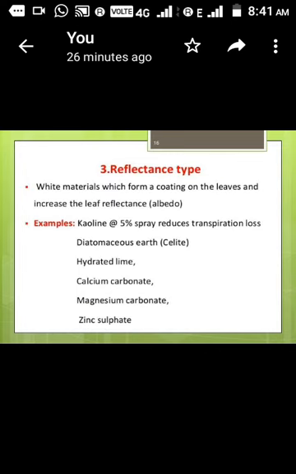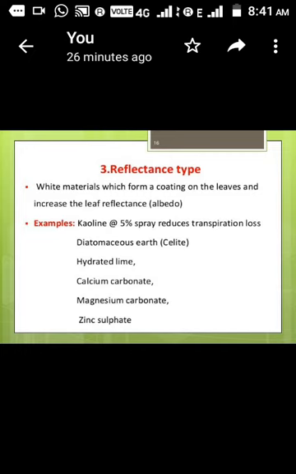And third one is the reflectant type. Anything that reflects light, a white material which forms a coating on the leaves and increases leaf reflectance, which is called albedo. They also reduce the rate of transpiration.